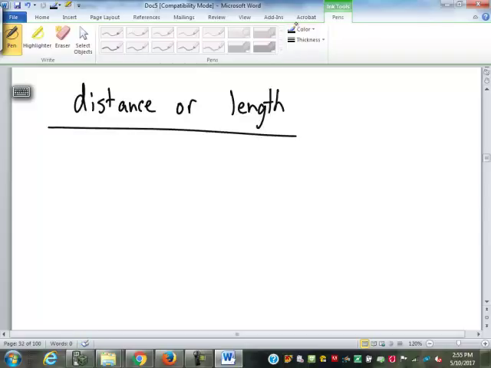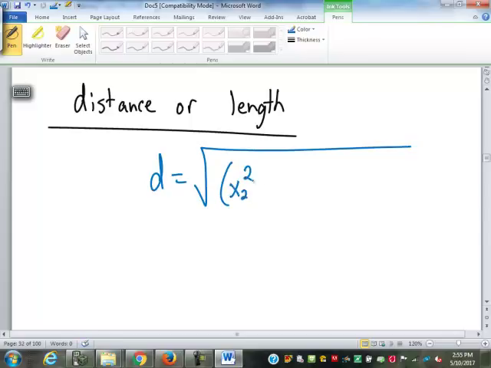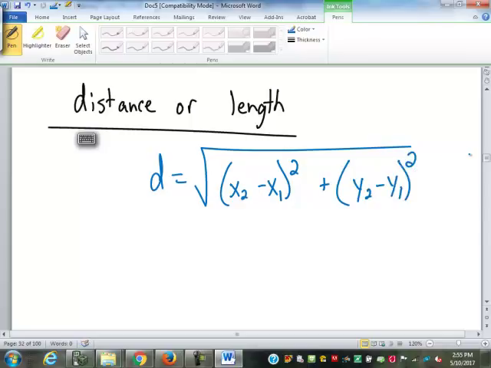So if I had 2 points, the distance between them was the square root of x2 minus x1 squared plus y2 minus y1 squared. Remember, this is that Pythagorean relationship. A squared plus b squared equals c squared. But instead of putting the squared here, we use the square root.